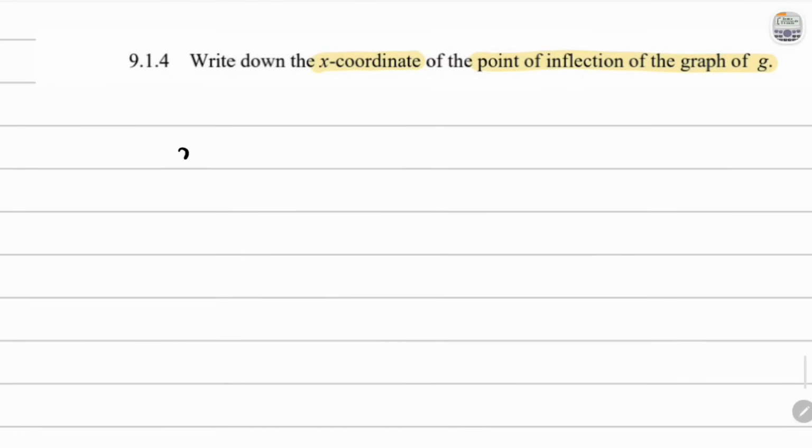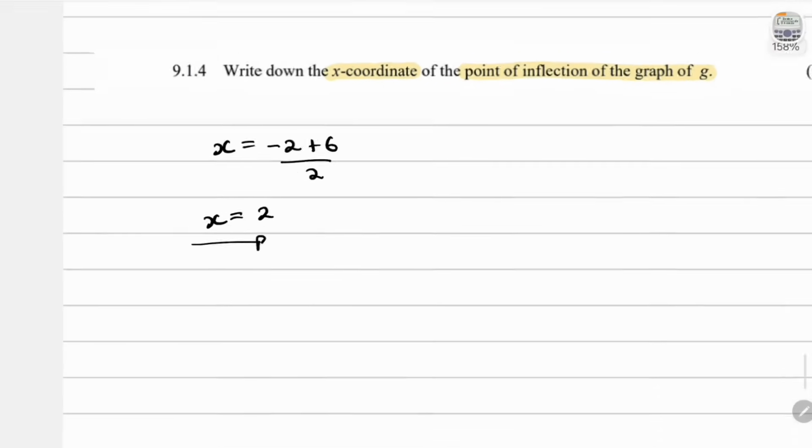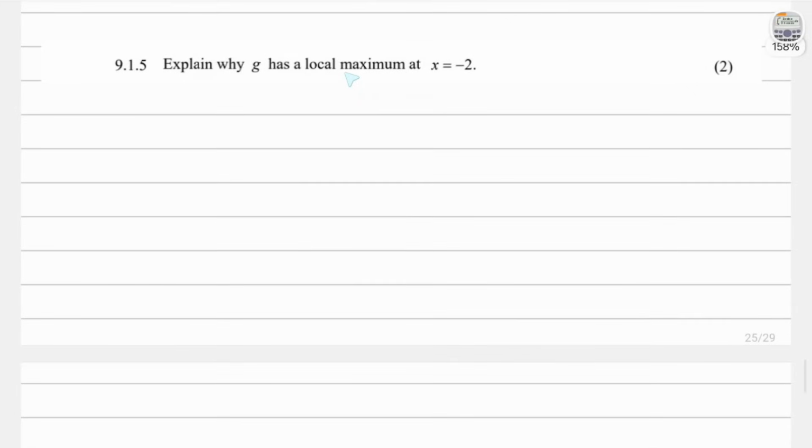So x is equal to -2 plus 6 divided by 2, and that will find the midpoint. 6 minus 2 is 4, 4 divided by 2 is 2, so x is simply equal to 2, and that is our answer.